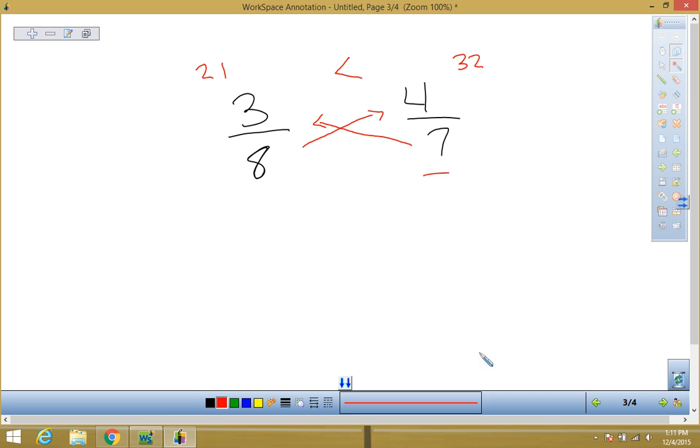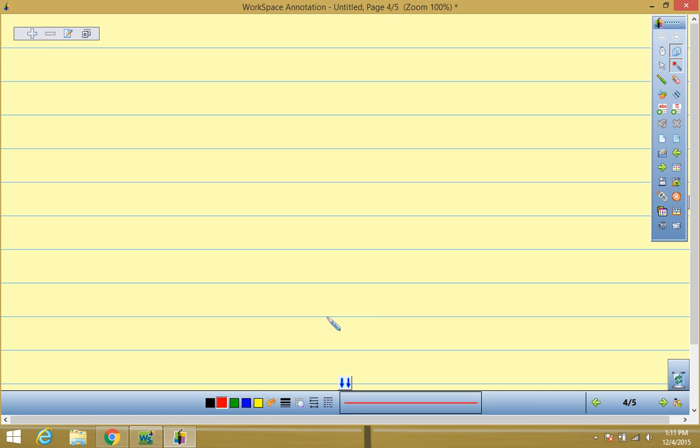All right, now, we're going to do a couple of examples together, and then we're going to talk about your work. Now, I'm going to do the examples on this piece of paper that looks like notebook paper. So if I have my first problem that I'm writing on my paper, I'm putting my fractions like this.